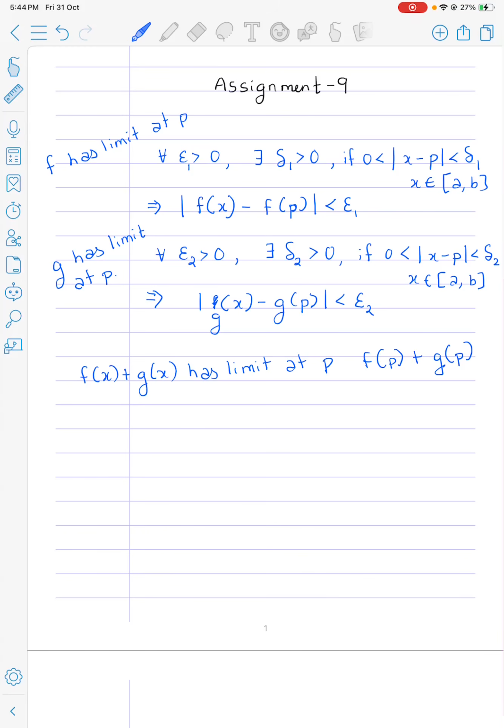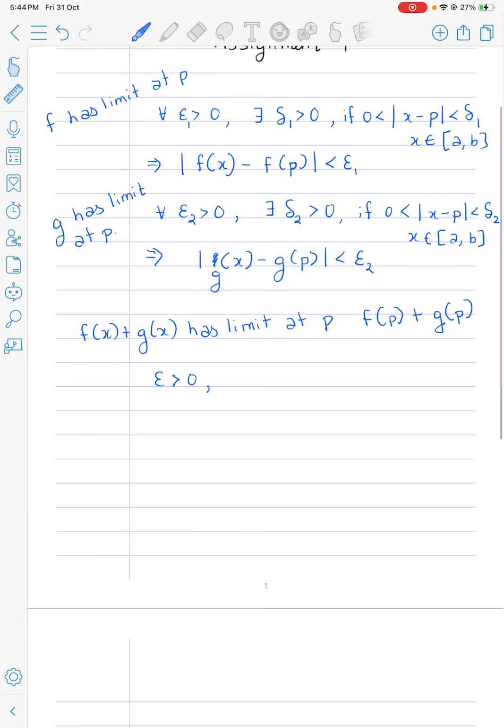How do I show that? Let's begin with an epsilon greater than 0. Since this one holds for every epsilon 1 greater than 0, and this one holds for every epsilon 2 greater than 0, in particular, I will choose epsilon by 2.